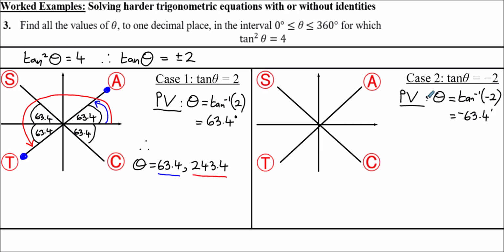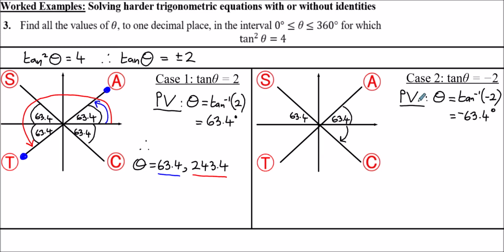Now this principal value isn't in the accepted range. The accepted range here is starting from 0 up to 360. So minus 63.4 is actually down here, which is not in range. Again, the magnitude of this angle is 63.4, so I can label this in, that's okay.